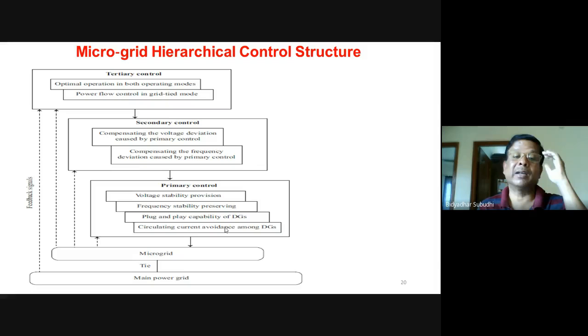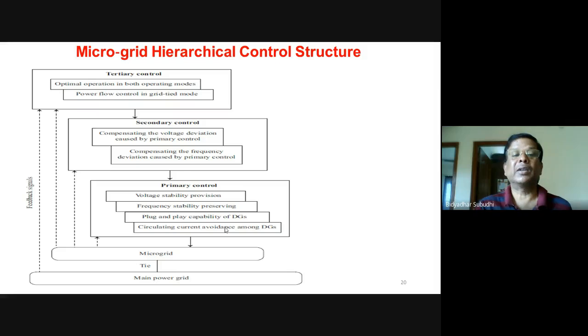That is how quickly we can achieve the tracking or regulation of this voltage and frequency, or stabilize the voltage and frequency despite there is a DG set change, or there could be a change in the load as well. So how do you take care of them? This is accomplished by virtue of a primary control, and also it takes care of the avoidance of circulating current among the participating distributed generating sources.